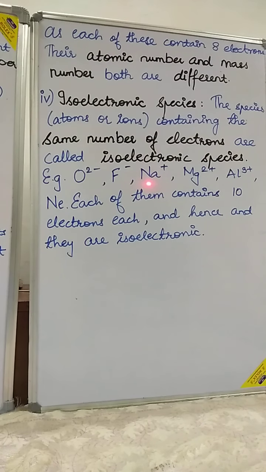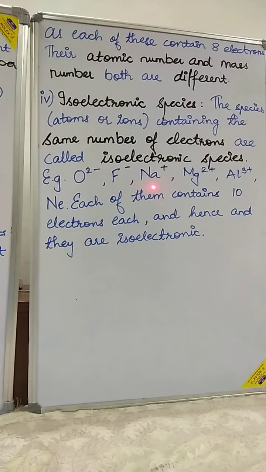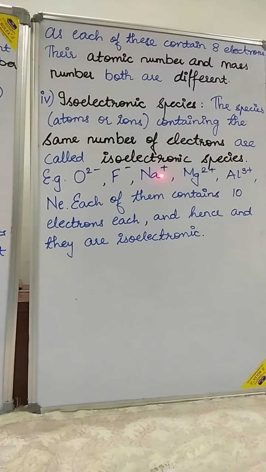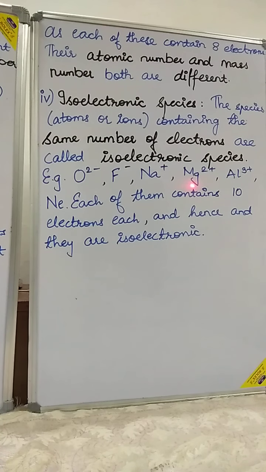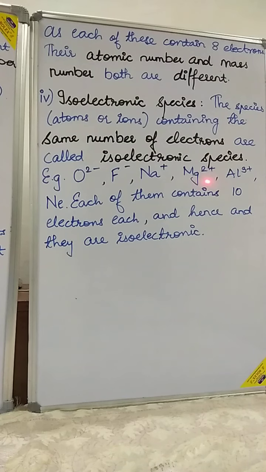Similarly, number of protons or atomic number of sodium is 11. When it gives or donates 1 electron, 10 electrons remain with sodium ion. Similarly, magnesium has got atomic number 12. So 2 positive means 2 electrons are deficient. The number of electron becomes 10.